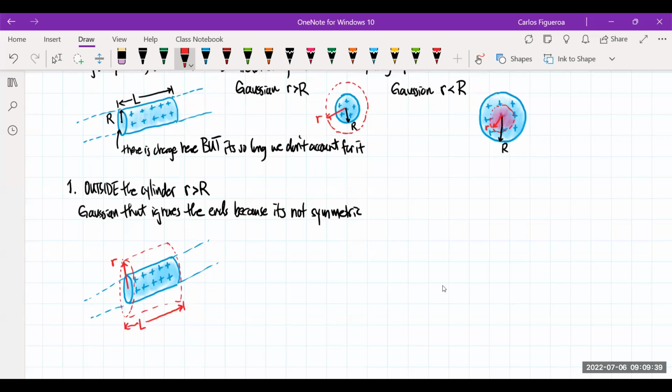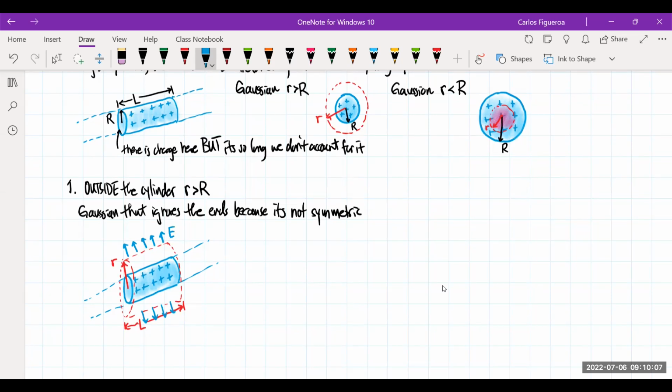And so when I look at the field of this guy, I can see that the field is pointing like this. Oh God, not there. It's pointing through the flux through the cylinder. The cylindrical Gaussian looks like this here. So then this is the direction of my E field.